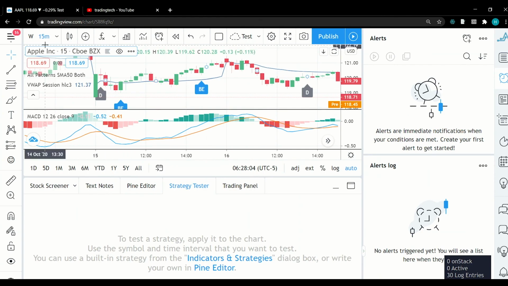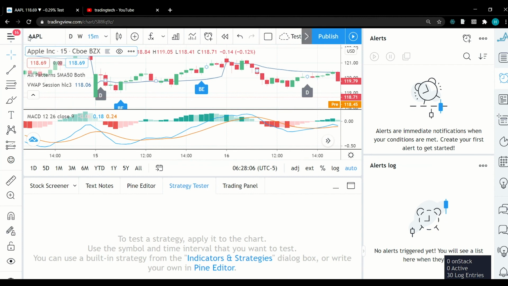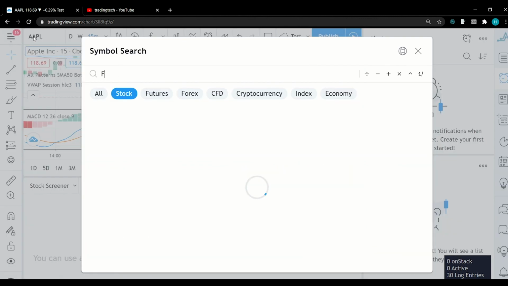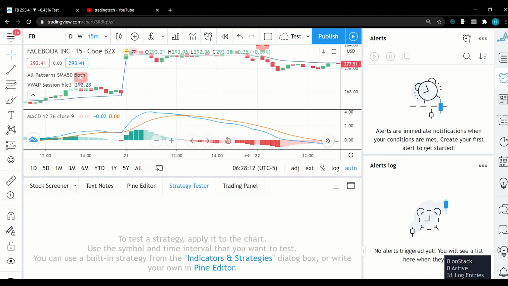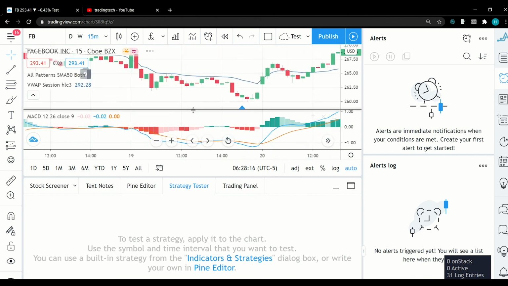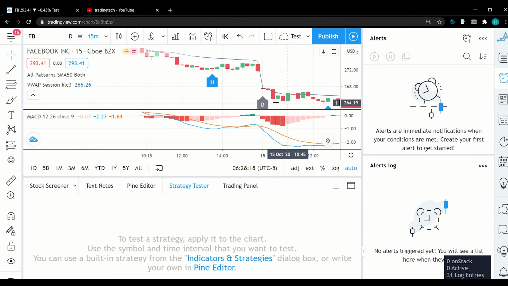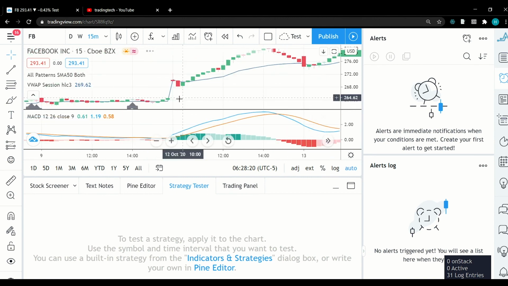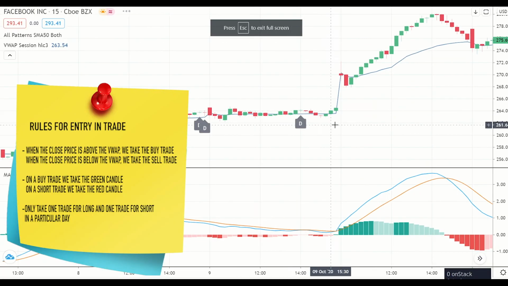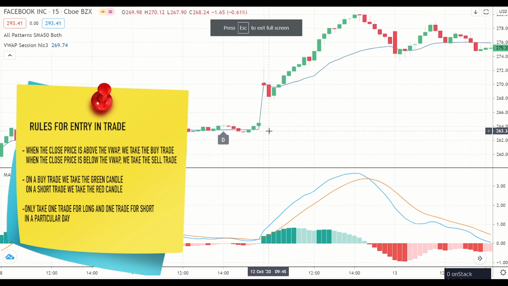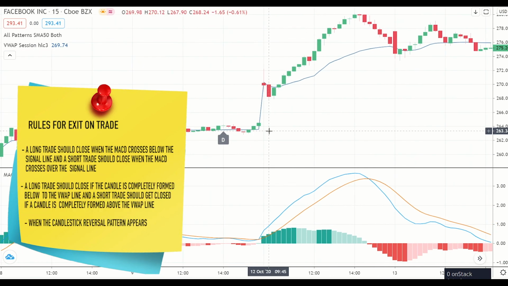So now let's see another chart, maybe Facebook. And let's go into the October timeline. This is 12th October, and let me take this example.